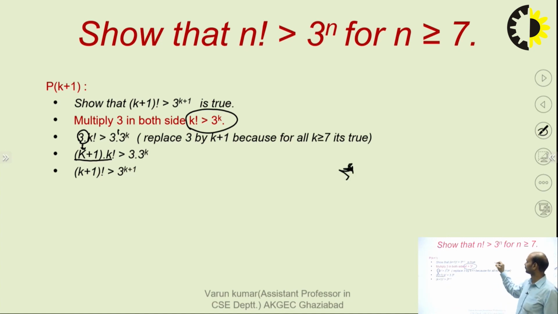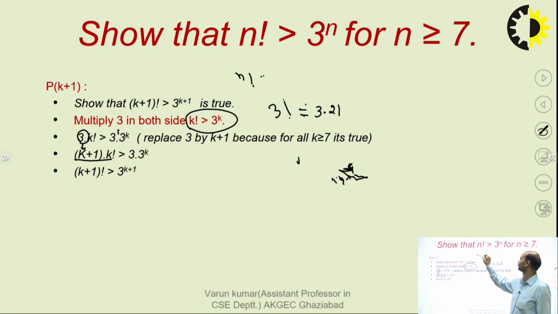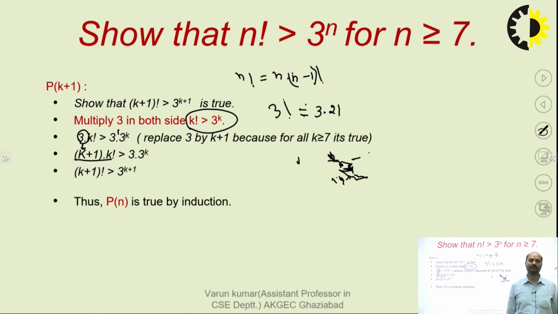It means n factorial is always equal to n dot n minus 1 factorial. This is a formula we have studied in mathematics. Thus Pn is true by induction.